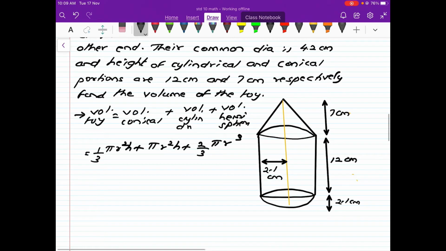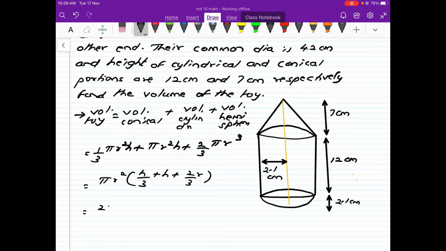So when we collect all this, so this is pi r square common, this will come h/3, this will come h and this will come 2/3 r. So this is how we do calculations. So this is pi r square.